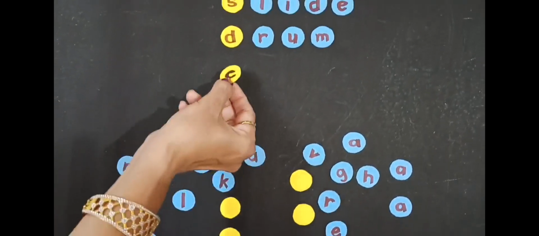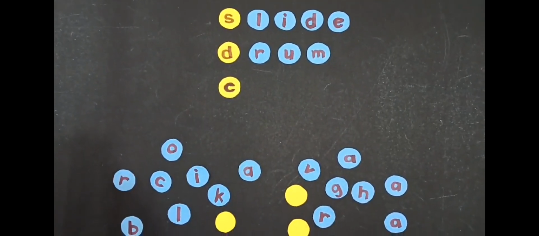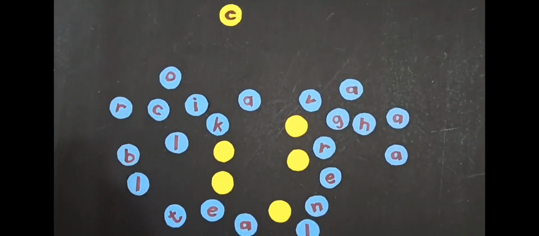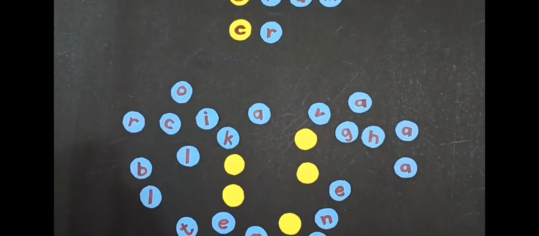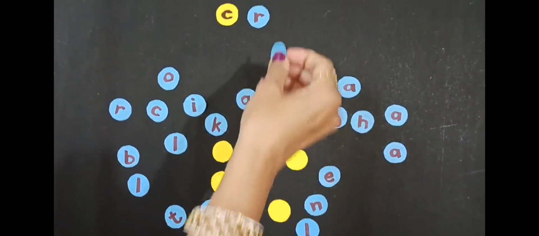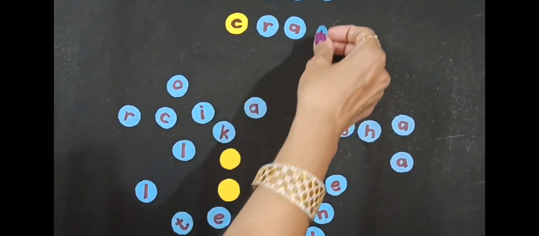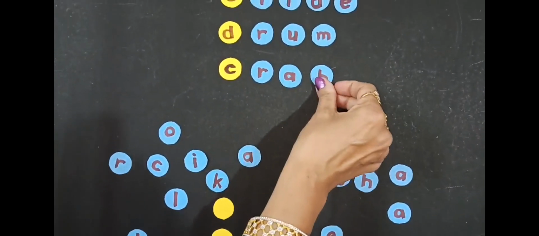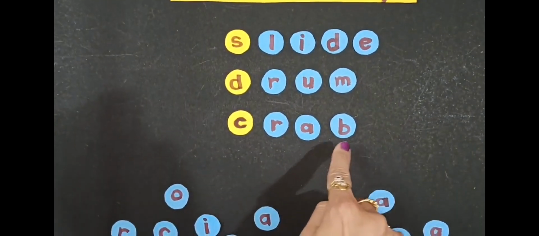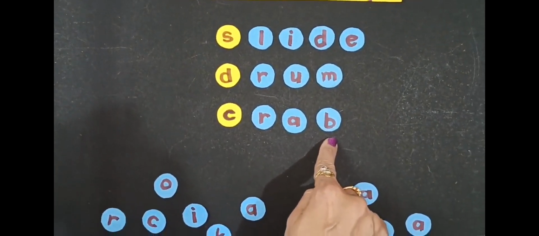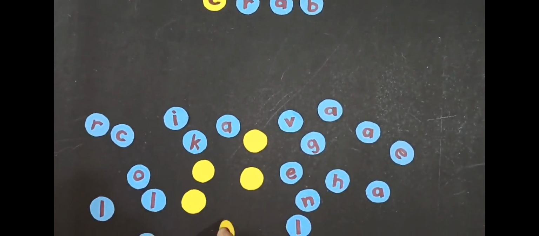Now let's turn the next letter. It's C. Now we have to make a word with C. So what should I take? Okay. R, then A, and then B. It becomes crab. C-R-A-B. Crab. Now we will turn the next letter.